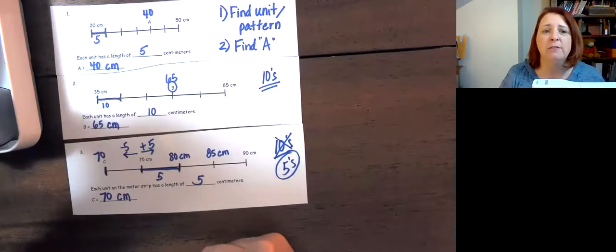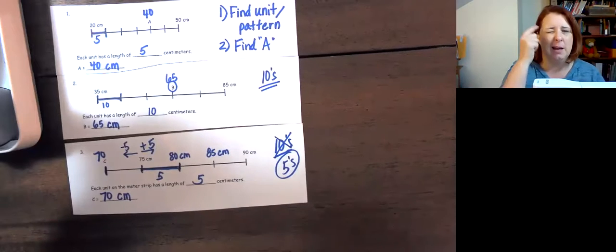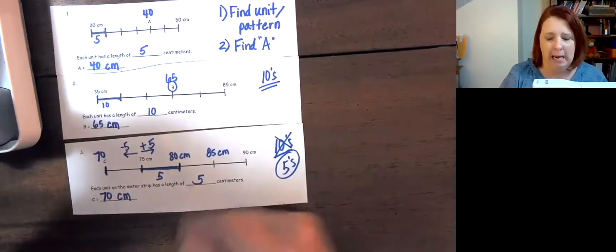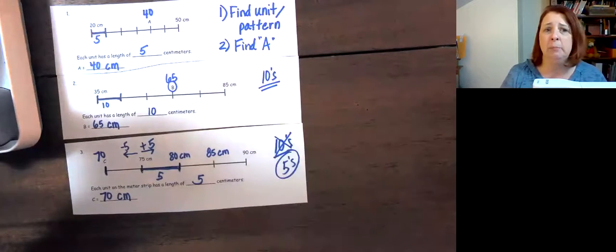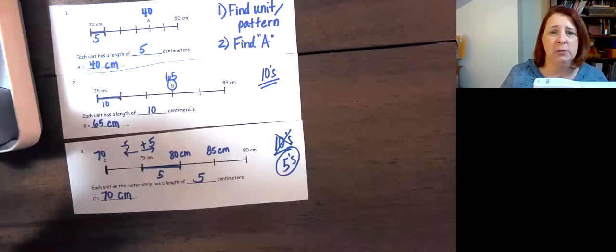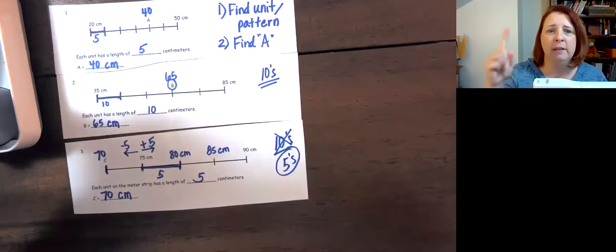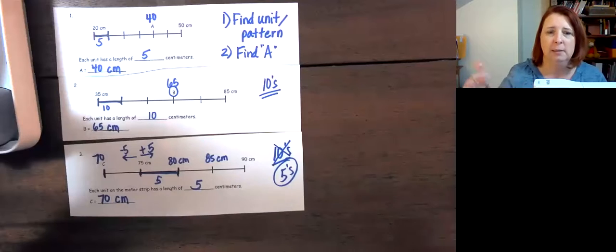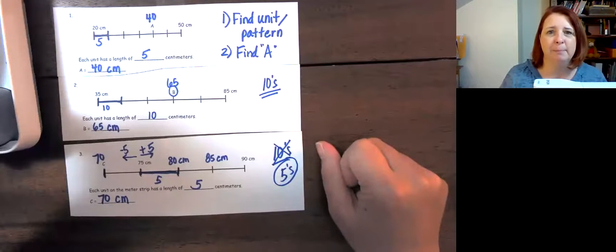And then once we find that interval, we can take that knowledge and find the missing letter. I wrote find A, but it could be A, B, C, all the way up to Z. So that's what your target is for today, to be able to find an unknown measurement on a number line by finding the interval and then applying the pattern that you notice to find that missing number.